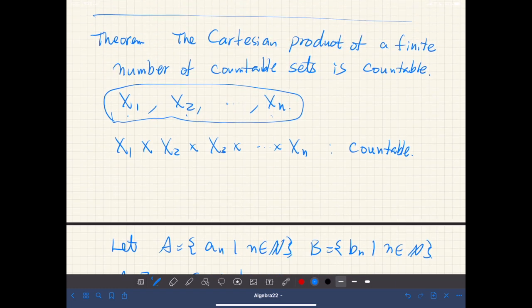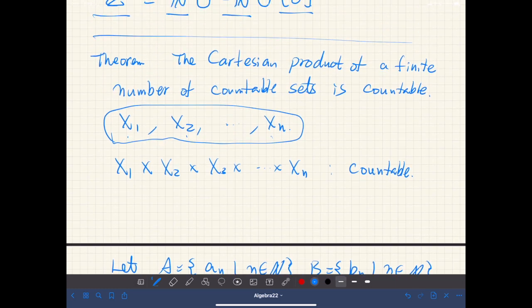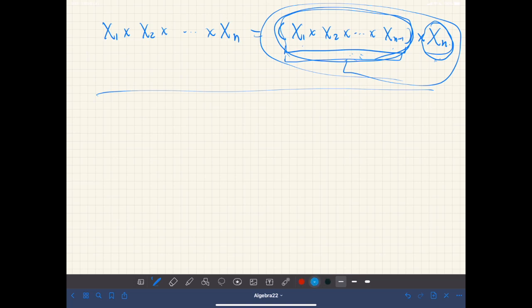But here, be careful. We have said that this is a finite number of countable sets. So what if, instead of finite, we have a countably infinite number of countable sets? In that case, is the Cartesian product countable? So what I mean is this.